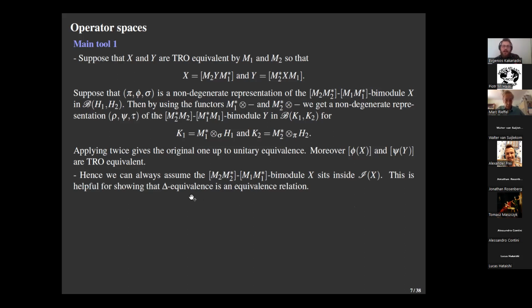That's why it requires a little bit more work to get the delta equivalence relation. So that's one trick.